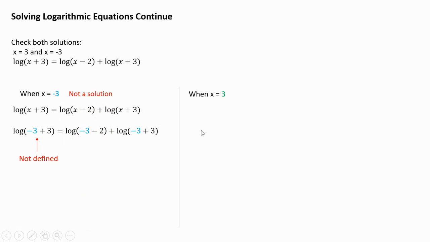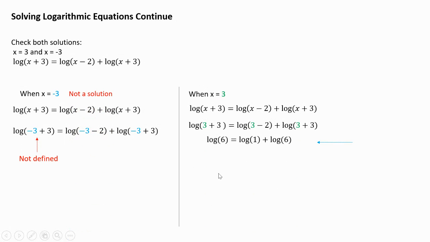Now, when x equals 3, I'm going to plug in 3 for every x, on the left side and on the other 2 logs on the right side. Here we have log of 3 plus 3, which gives us 6. Log of 3 minus 2 gives us 1, and log of 3 plus 3 gives us 6.